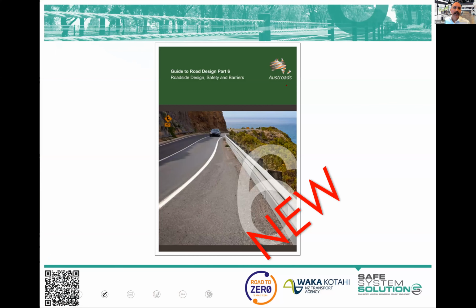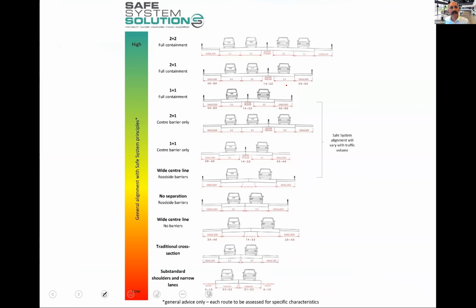Right? New Guide to Road Safety Part 6 is better in this sense. And we start to understand that we get far better road safety outcomes when we do barrier, barrier, barrier. Now, very simplistic cross sections here. I mean, so much detail we could go into, but just that idea.